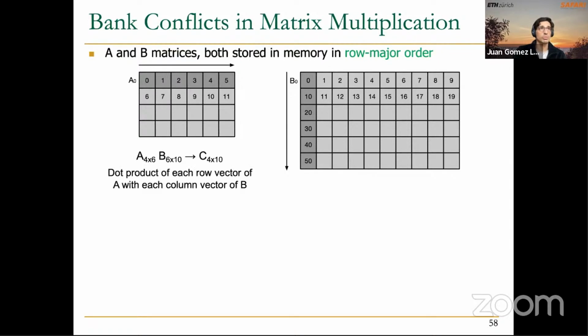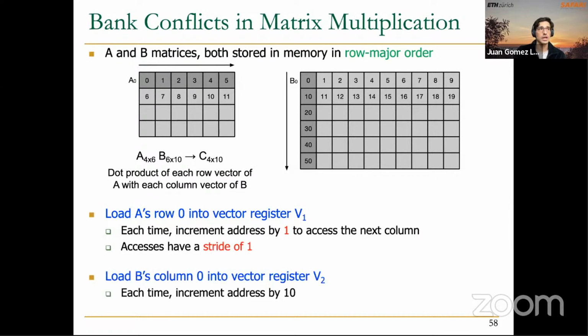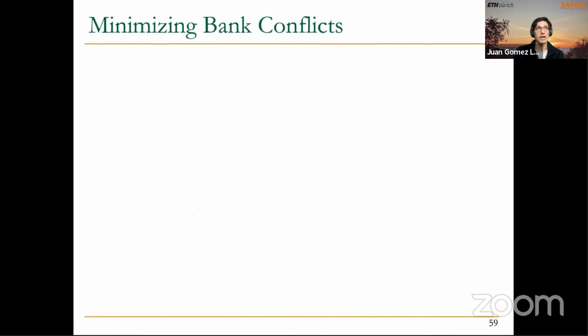Let's go back to the example of the multiplication of matrix A and matrix B. We want to compute A times B equals C. So first thing, as you know, is loading the elements from array A, then loading the elements from array B, and notice that there are different strides here, and different strides may cause bank conflicts.